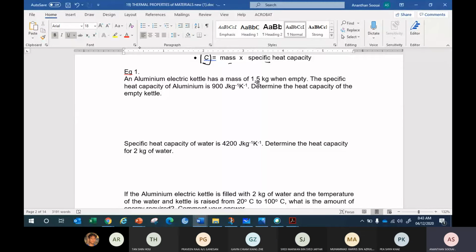The specific heat capacity of aluminum is 900. Determine the heat capacity. So heat capacity is mass times the specific heat capacity. Of course, 1.5 kilogram multiplied by 900. So you get how much? 1350 joule per kelvin. So that is the heat capacity.